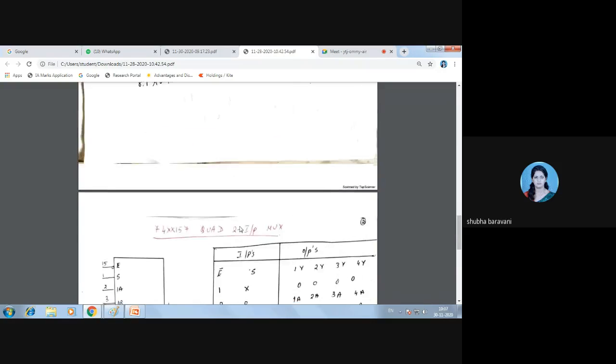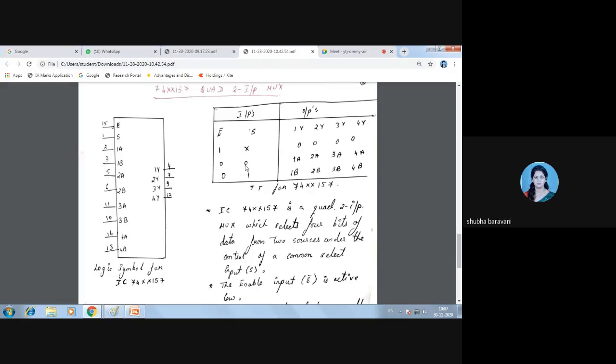It means, if your select is 0, enable bar has to be 0 for the IC to be active. Then your first register having A inputs will be routed to the output, that is 1A, 2A, 3A, 4A.